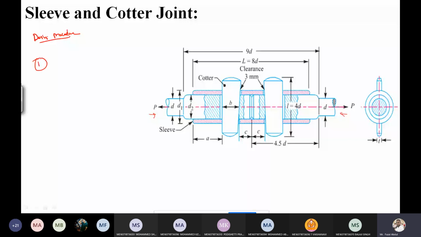Before calculating the failure modes, let us consider the terminology.